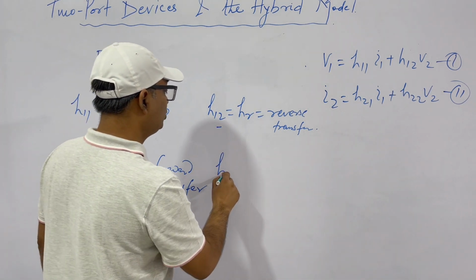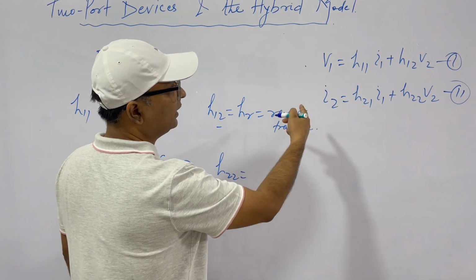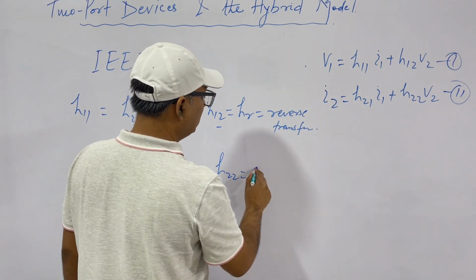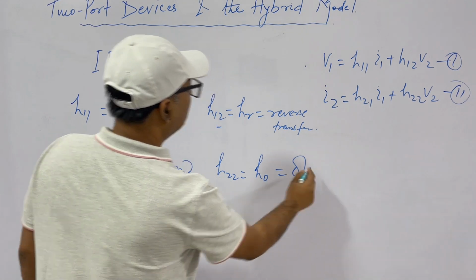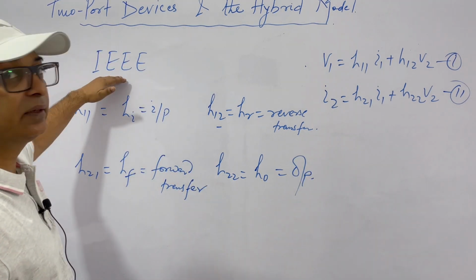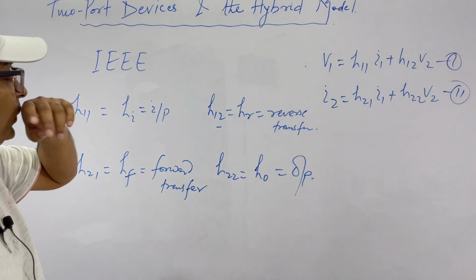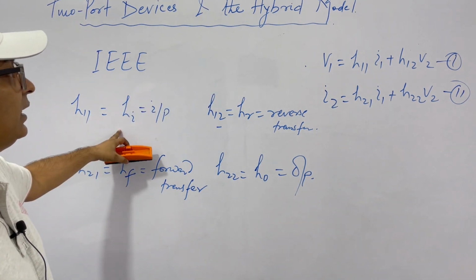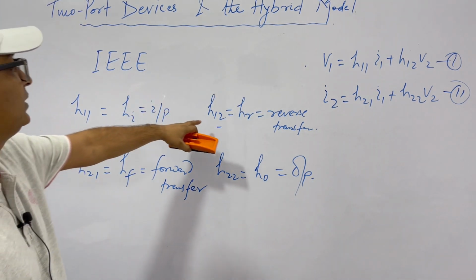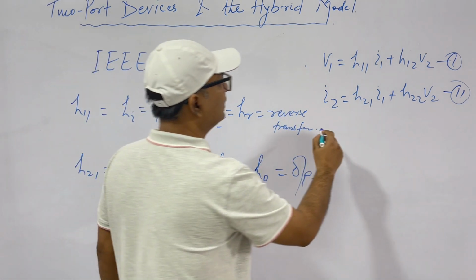And finally H22, this is what? I2 by V2, this is output, so it is denoted by O, output. So this is the nomenclature given by IEEE. What we can write here is, in place of H11, we write HI, HR, and so on.